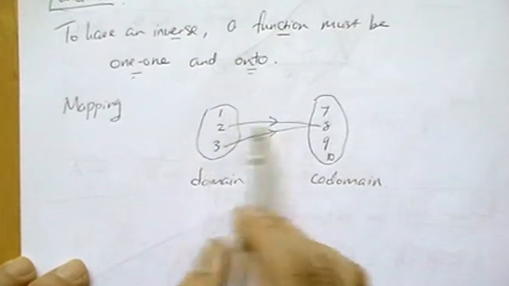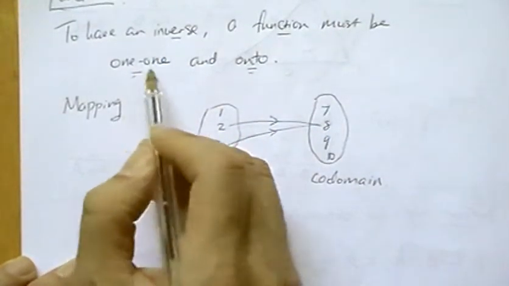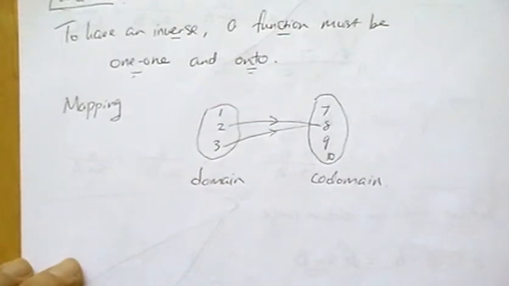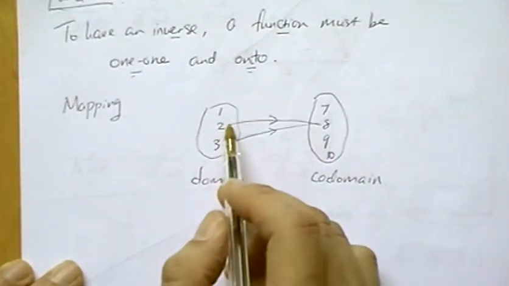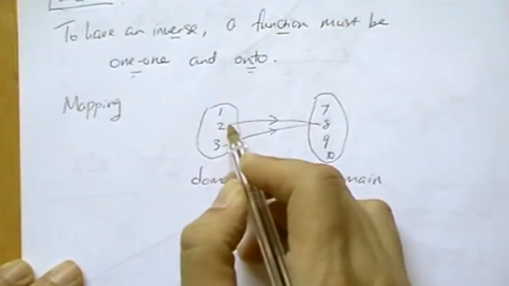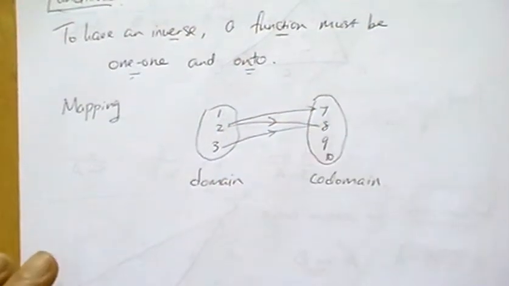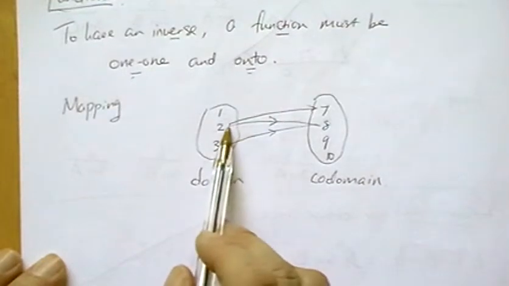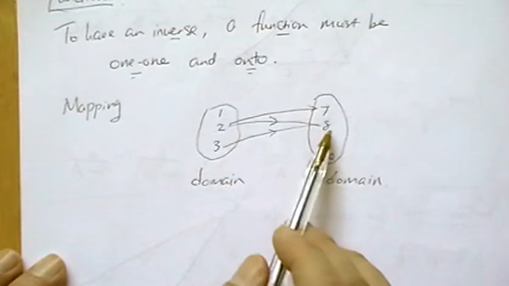So we can say that it's 2 to 1. But I can have another situation in which one number can be mapped onto two different numbers. So if I define my rule this way, that means that 2 is connected to both 7 and 8.